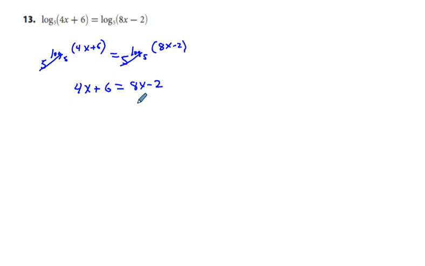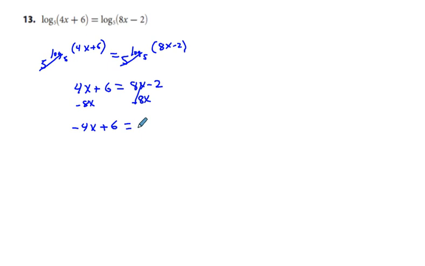Now we can just solve for x. I'm going to keep the unknown on the left side, so I'm going to subtract 8x from both sides. So the left side now, we have negative 4x plus 6.